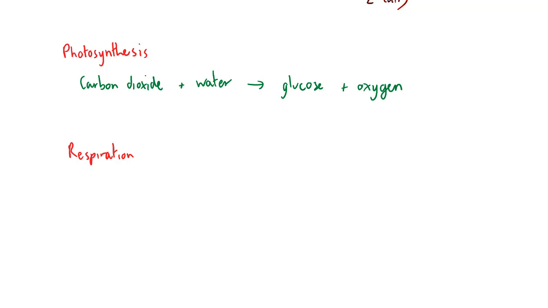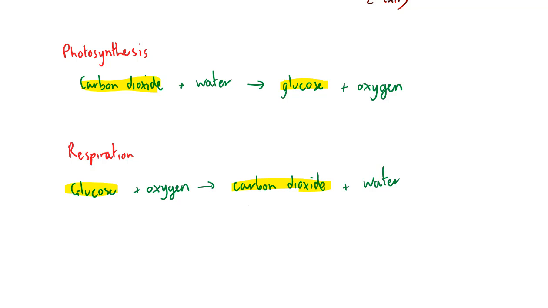And then in respiration, glucose and oxygen react together to form carbon dioxide and water. Now, of these four substances, carbon dioxide and glucose both contain carbon. So that's the first little thing that we're going to look at in the carbon cycle.